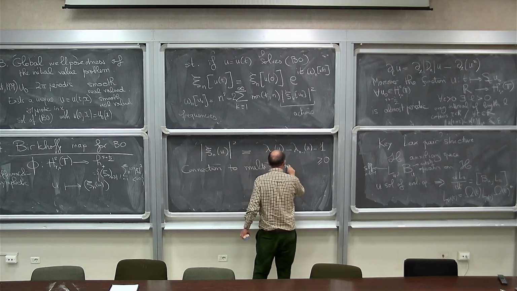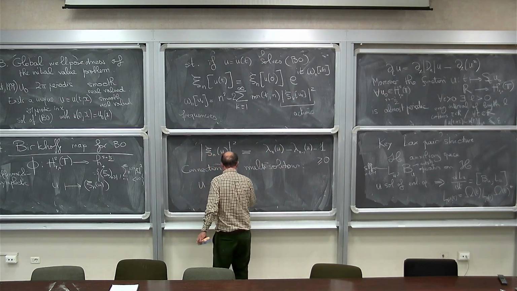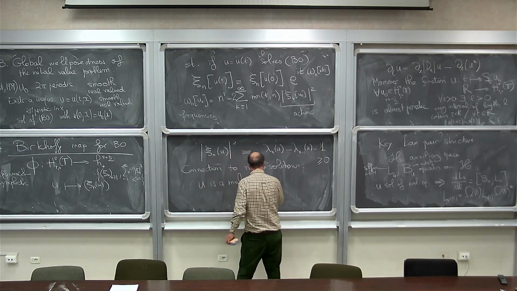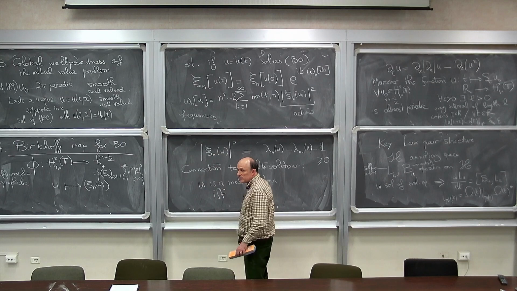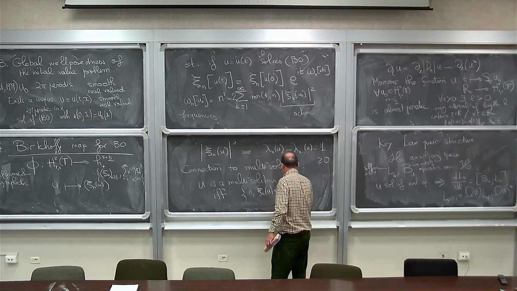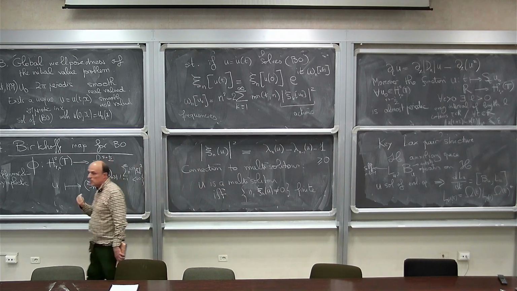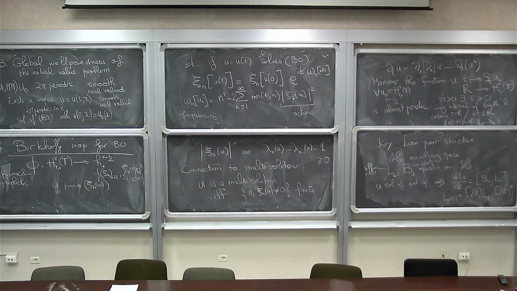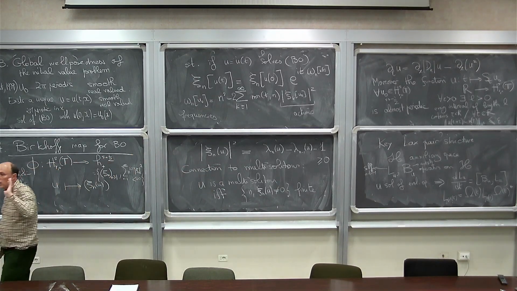The connection to multisoliton is that U is a multisoliton if and only if this is finite gap, in the sense that the set of n such that Xn of U is different from 0 is finite. In some sense, multisolitons, which are very specific things, correspond to sequences of Xn's which are 0 starting for n big enough.